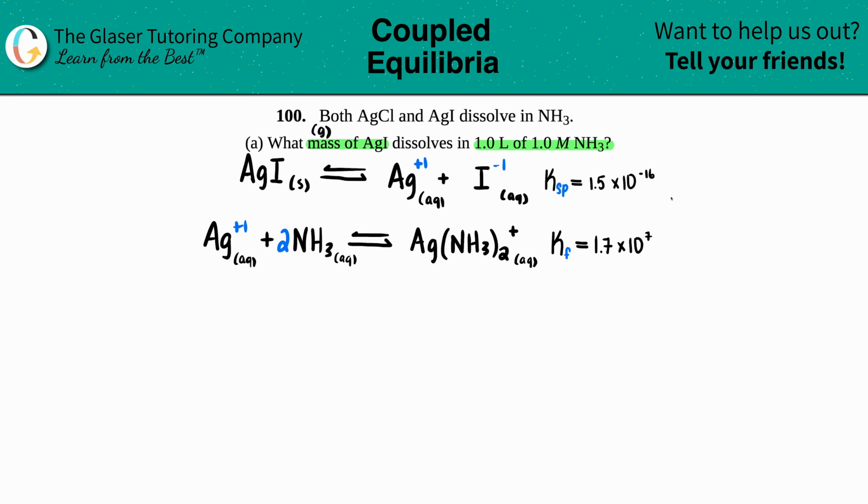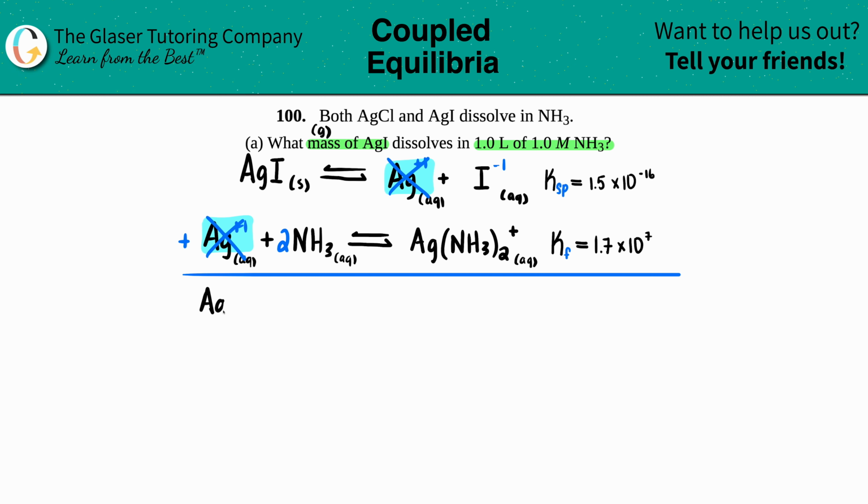Well, this is when we just add the two equations together. When we do that, remember, things that are on opposite sides will cancel out. For example, I have an Ag plus on the right, and I have an Ag plus on the left. So bye-bye to you, and bye-bye to you. There's nothing else that I could get rid of, so I'm just going to rewrite it.